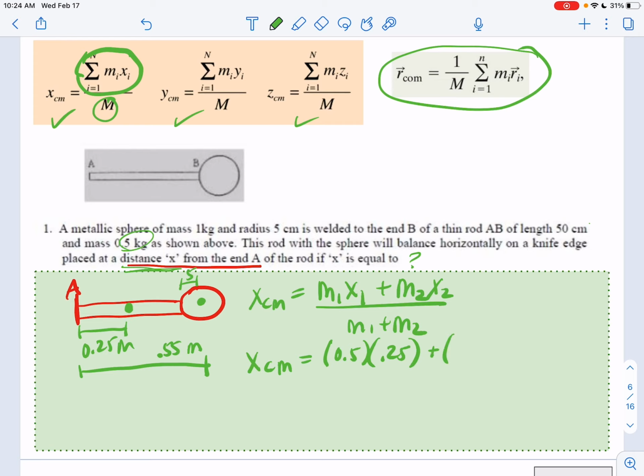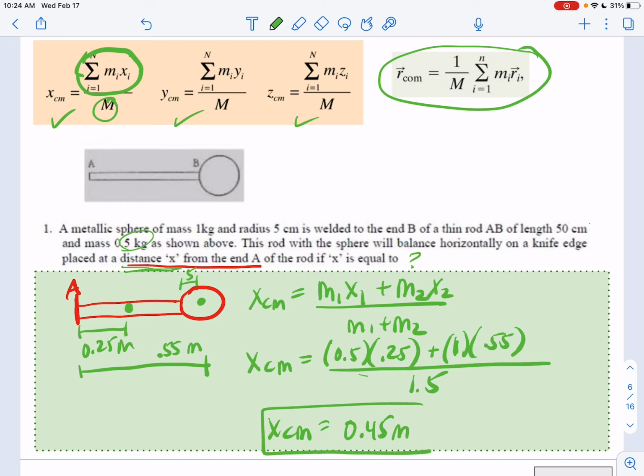The mass of the sphere was 1 kilogram times 0.55, and then I would divide by the total mass of that whole system, which is 1.5. Cranking all that out, I get 0.45 meters, or 45 centimeters away from the end of the rod.